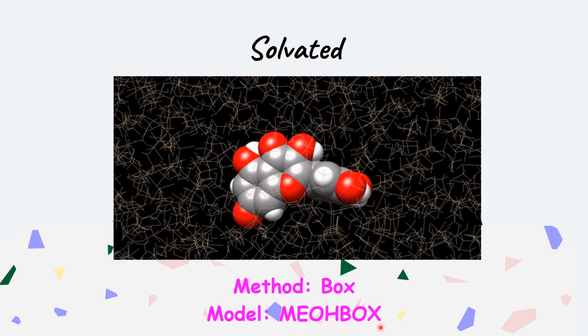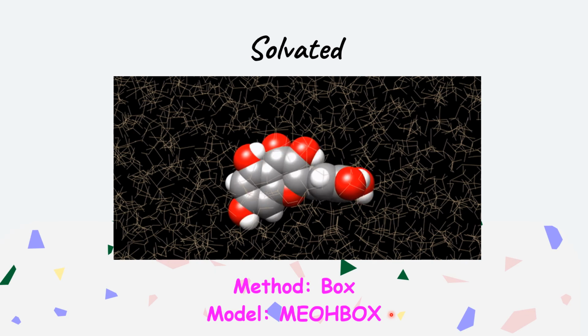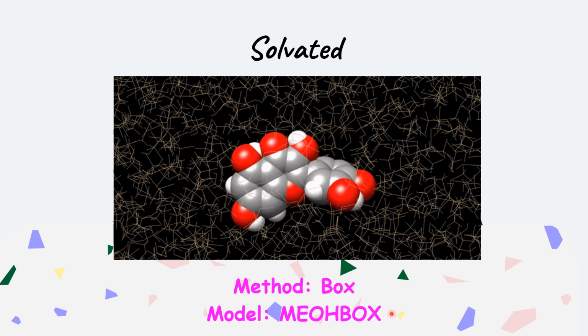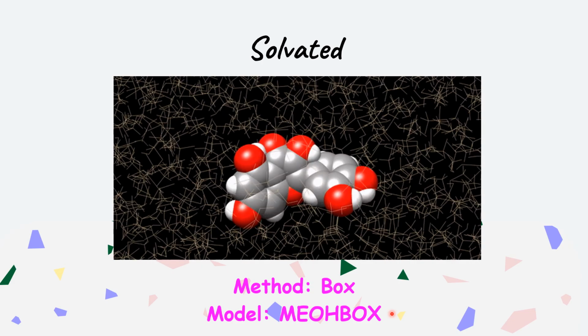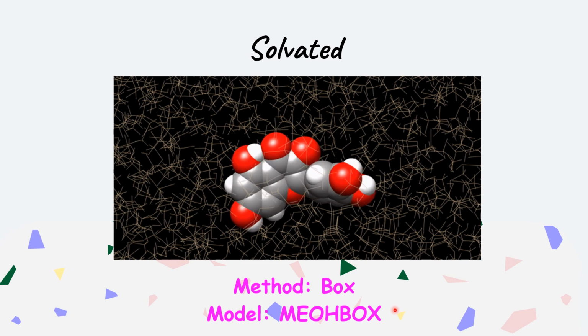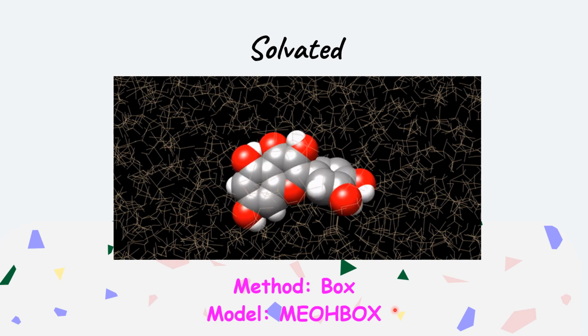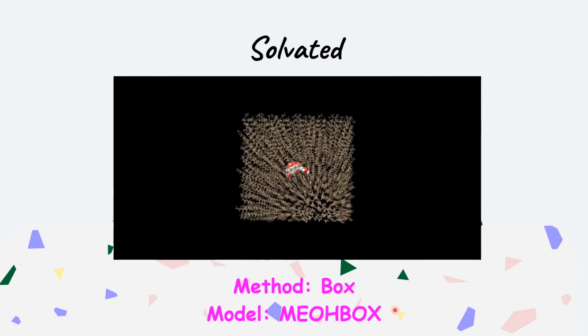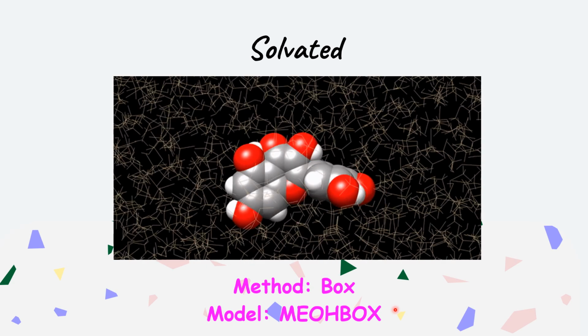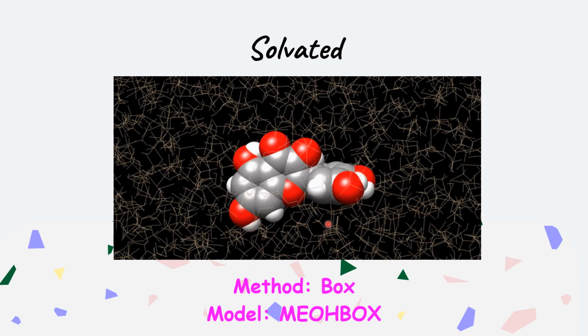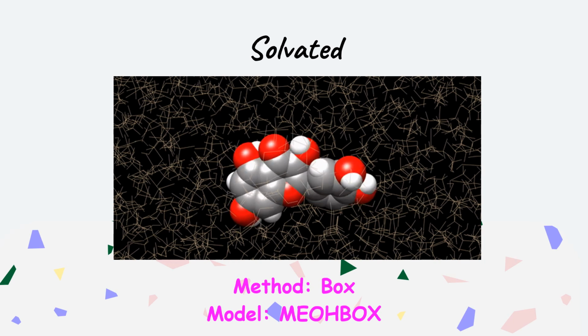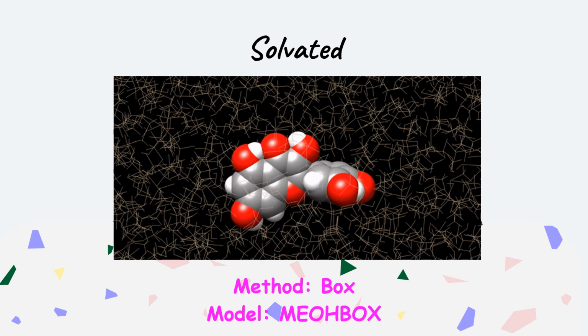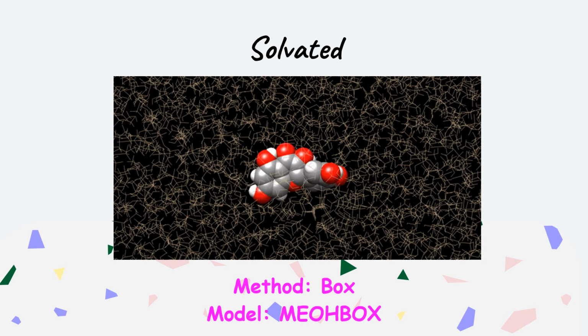The reason why we use methanol is because according to Shaves et al., 2020, generally methanol is one of the organic solvents used to extract flavonoids such as quercetin itself from plant matrices. And as you can see, the molecule's movement is faster than before since solvent is added to it. We'll see more of the comparison on the next slides.